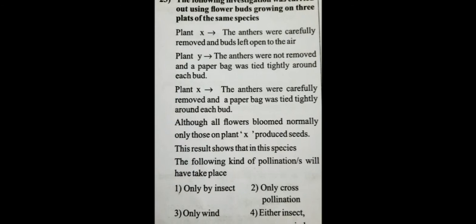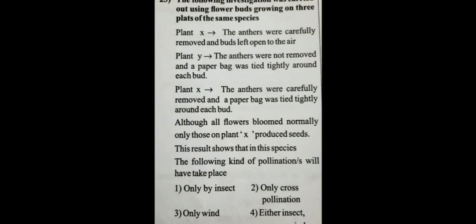Plant Z, the anthers were carefully removed and a paper bag was tied tightly around each bud. Although all flowers bloom normally, only those on X produce seeds, and this result is due to the kind of pollination which has occurred.